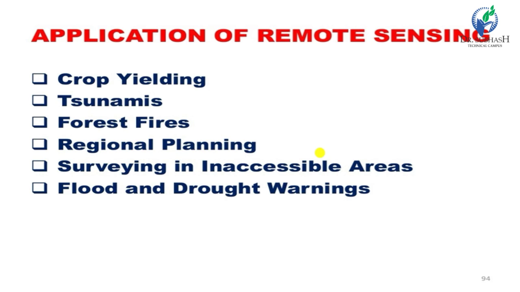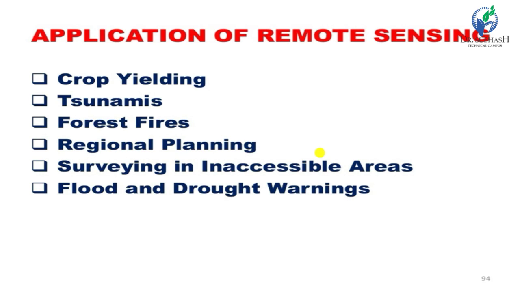Next is regional planning. Based on topographical features and the availability of different resources, we plan our structures and infrastructure, in the case of road networks, rail networks, industrial zones, residential areas, and commercial areas also. Remote sensing also provides surveying in inaccessible areas.